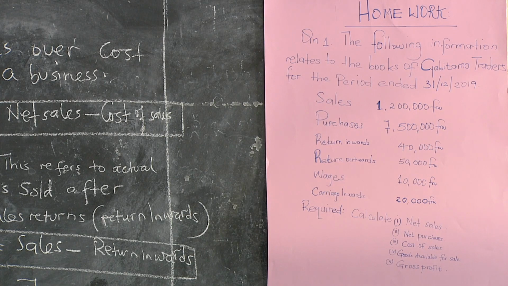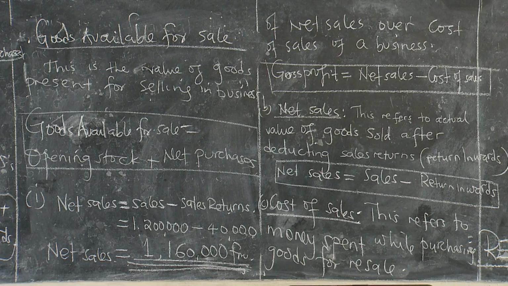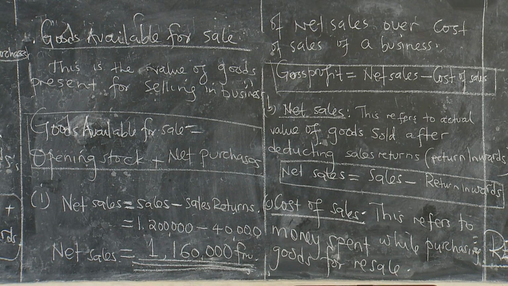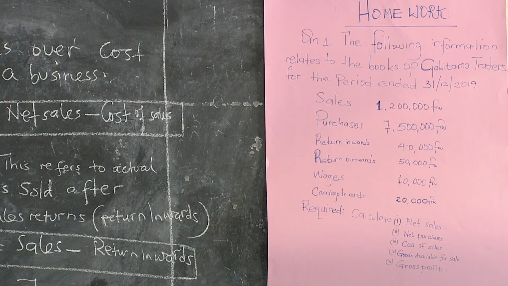Net purchases: we have purchases minus purchases returns. Depending on the information given, you have to look at it very well. If you have carriage inwards in the question, if you have wages, don't forget to add them to purchases and you subtract the returns, because those are direct expenses attached to purchases.